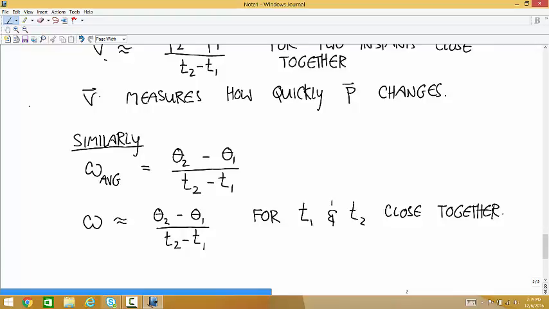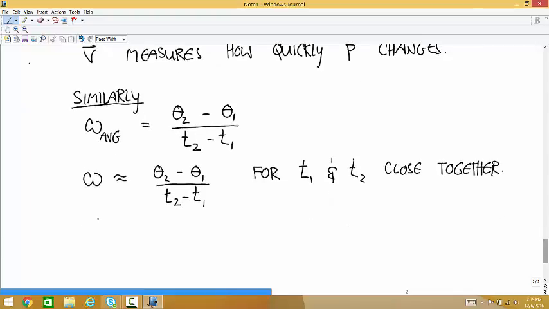And so just like velocity measures how quickly the position is changing, angular velocity measures how quickly the orientation is changing.